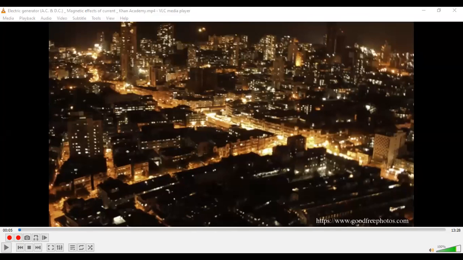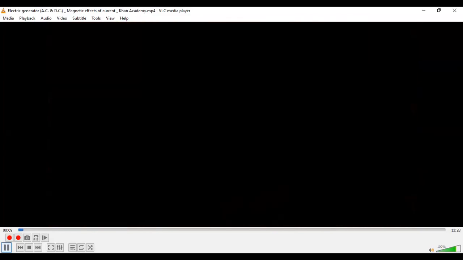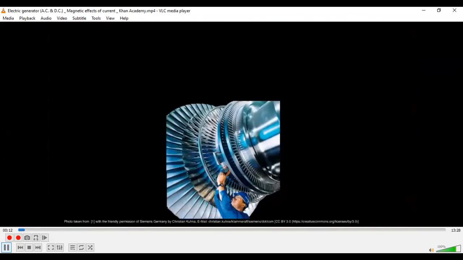Okay, now we are able to see the screen. It shows that there is one giant turbine. Some power stations use it very much. There are different types of power plants. Some power plants may be steam power plants, which work on steam as the fuel. It means coal is burnt, steam is created, and that is used.